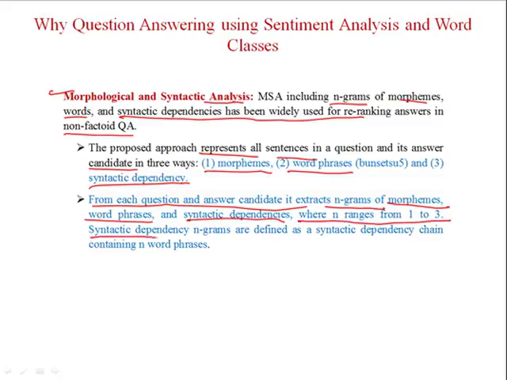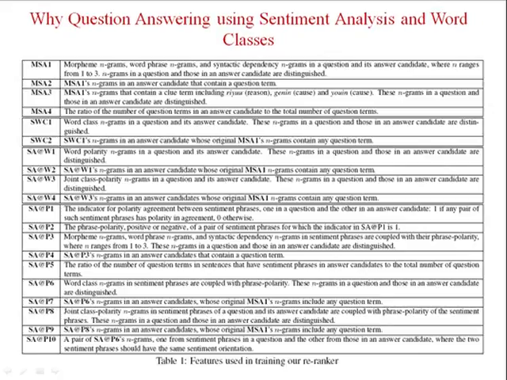A morpheme generally represents a word structure, here used to support question answering. The syntactic dependency n-grams are defined as a syntactic dependency chain containing n word phrases. This is a simple example. This is a table of features used in the training for the re-ranker.